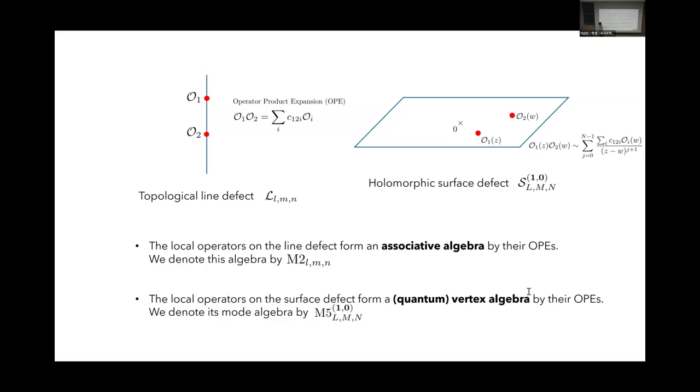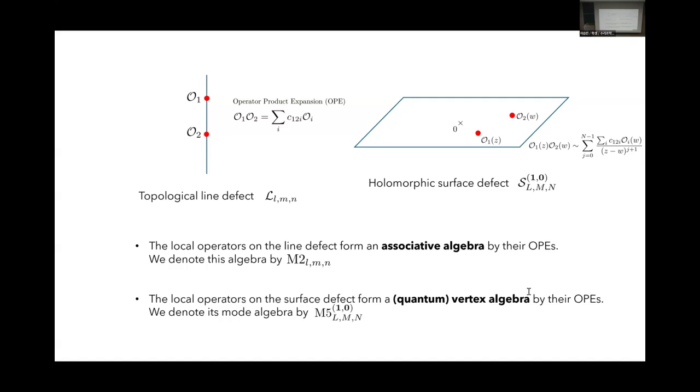And I have to assign at each level of poles what this product would look like. This is exactly the OPE that appears in vertex algebras. So a holomorphic surface defect defines a vertex algebra.